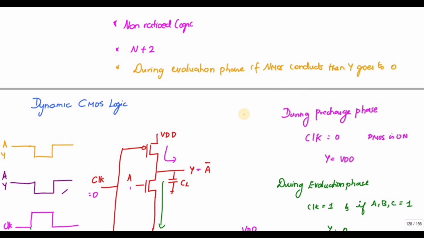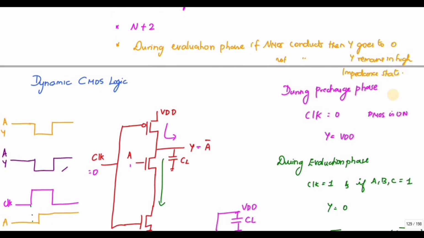If the NMOS does not conduct, Y remains in the high impedance state. Once the charge gets discharged, it has to wait for the pre-charge phase to charge this value again.